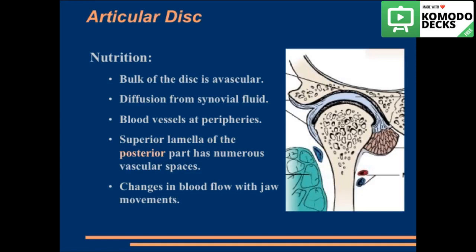There's also diffusion from the synovial fluid, which is nutritive. The superior lamella of the posterior part of the disc, the retrodiscal pad, has numerous vascular spaces, and there are changes in the blood flow according to jaw movements.